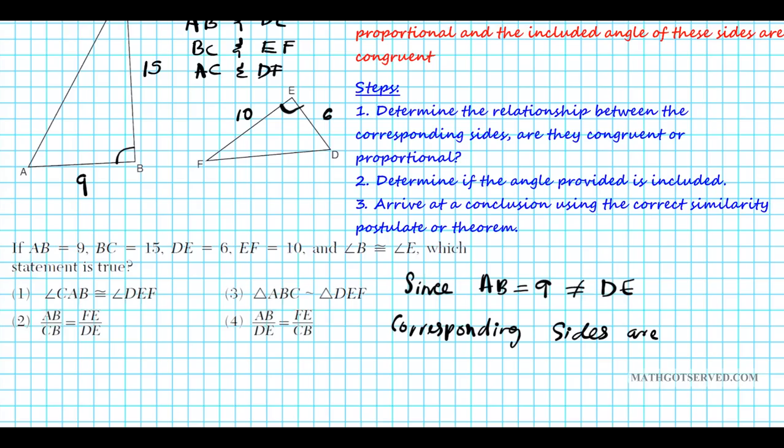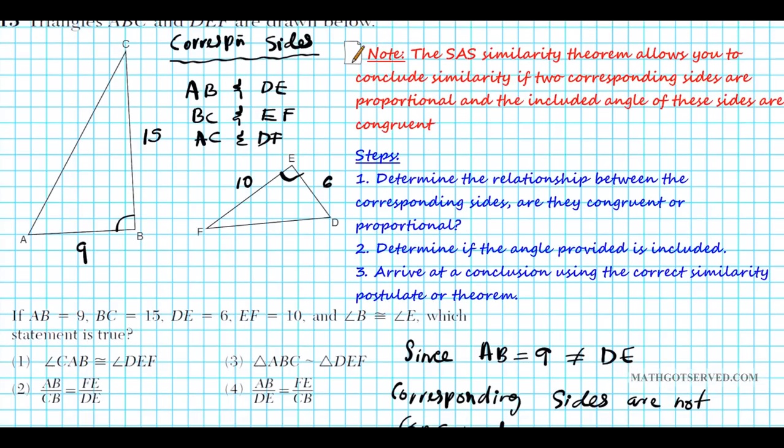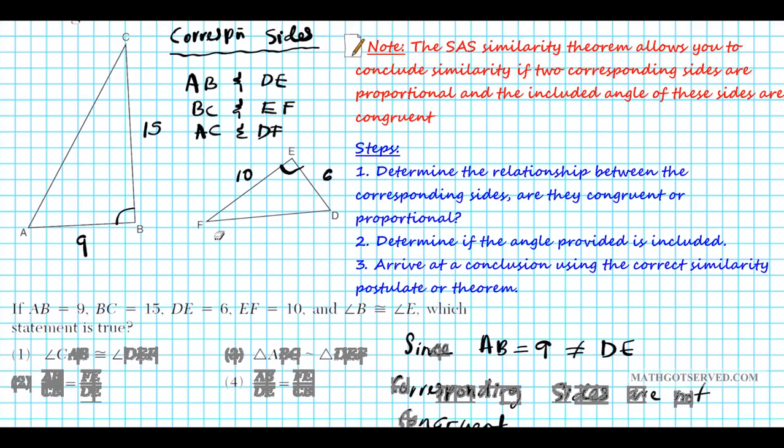Okay, so guess what that means? That means the congruency postulate is out the door. If you have a pair of corresponding sides that are not congruent, then the two triangles are not congruent. All right, so we have that done.